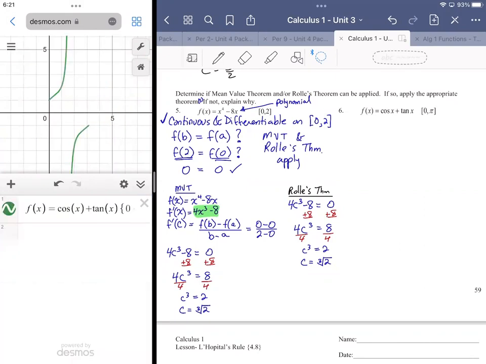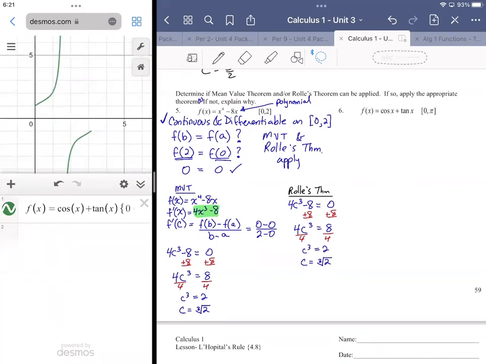So looking at this graph, we can see that it's discontinuous. We have a discontinuity at x equals pi over 2.